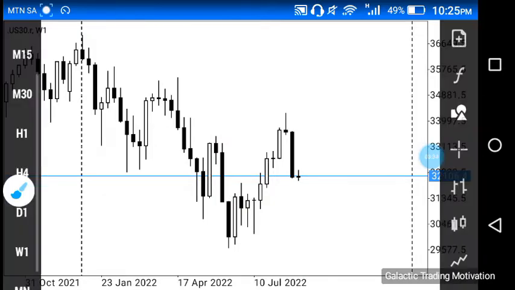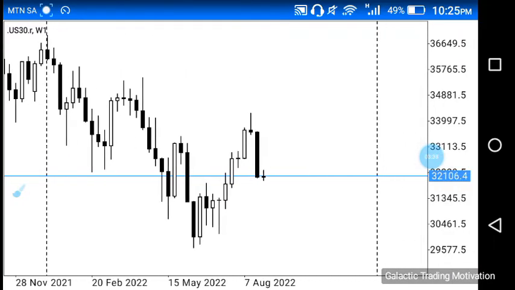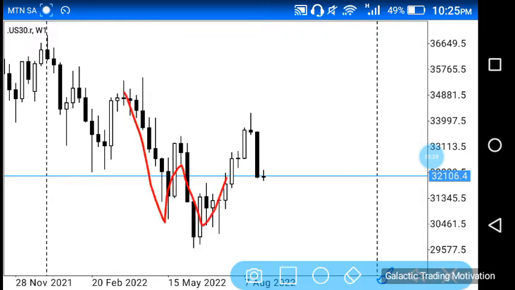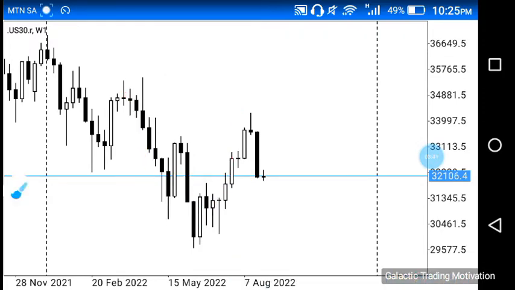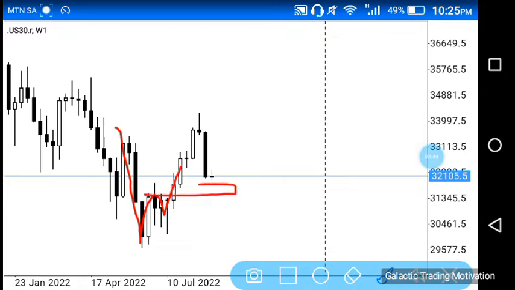Having said that, as much as we had this huge W structure over here, just bear in mind that we also have another smaller W structure at this level over here, right, with the neckline being at this level. We saw price breaking to the upside of that neckline and coming back to test the neckline.